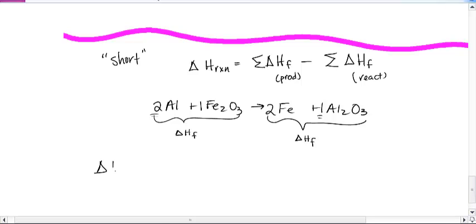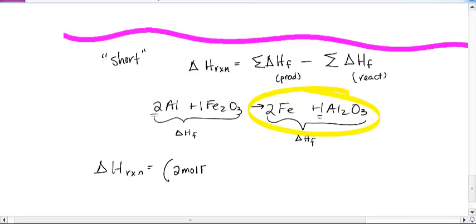So, if I want the heat of reaction, I'm going to start with this side here. I'm going to write the whole thing out. 2 moles of iron times, oh, it's an element, 0 kilojoules per mole. Are you going to have to write this all the time? No, I'm just trying to emphasize this. Plus I need 1 mole of Al2O3 times its heat of formation.